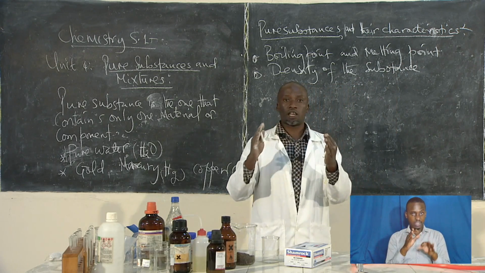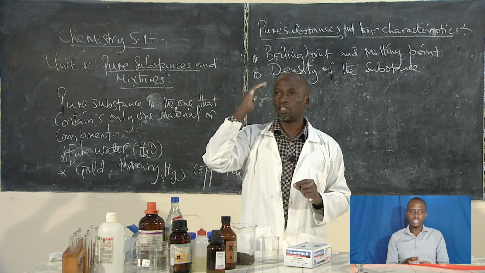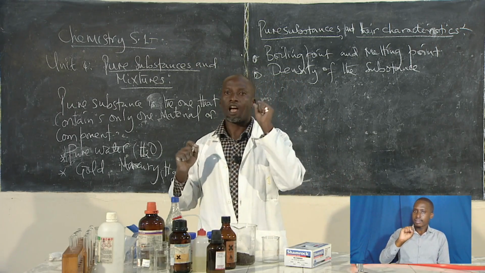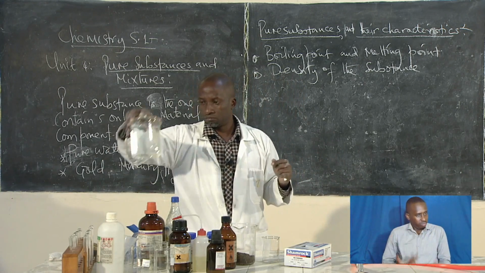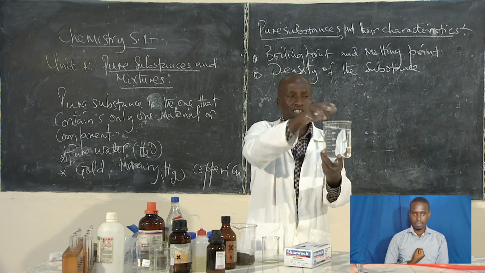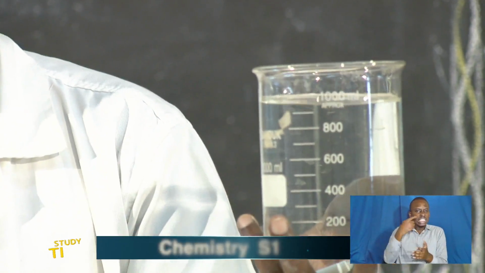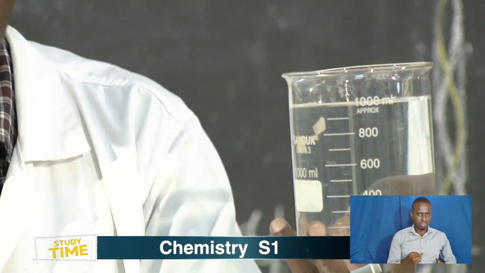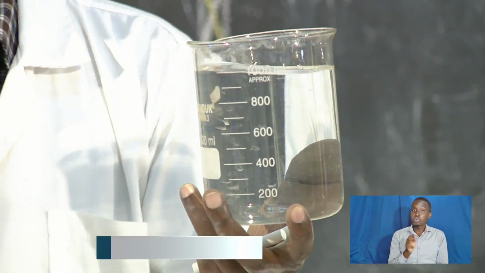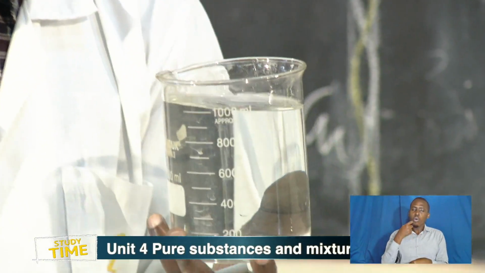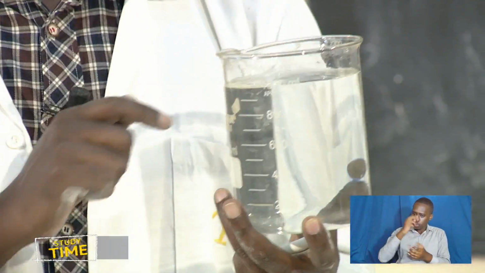If the density of the substance is determined, then you can easily tell, because pure substances have specific densities. For example, you can't easily tell what kind of liquid this is. If I look at it, I may think probably it is water, but probably it may not be water. So you need to determine the boiling point of this liquid to confirm whether it is water.